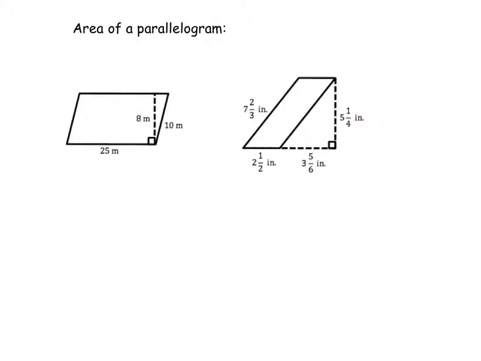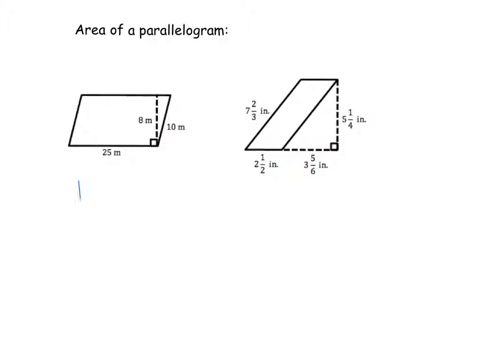All right, so let's do some practicing. So I'm going to name my formula. It's a parallelogram, so again, it's the base times the height. So I'm going to find my base. And I know that that's my base because I see this right angle. So 25. And I'm not going to use this.